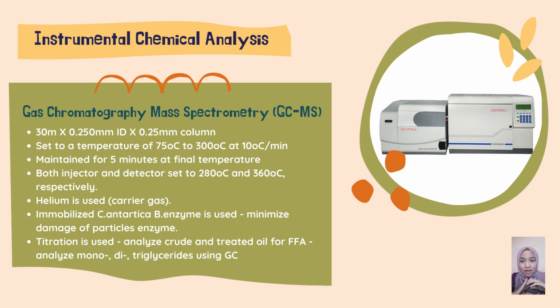As you can see, the column was used to measure the PKO sample, which was programmed from 75 degrees Celsius to 300 degrees Celsius at 10 degrees Celsius per minute, and then maintained for 5 minutes at the final temperature. The injector and detector were set to temperatures of 200 degrees Celsius and 360 degrees Celsius respectively. Helium was used as a carrier gas.